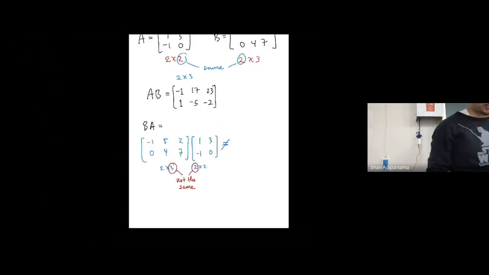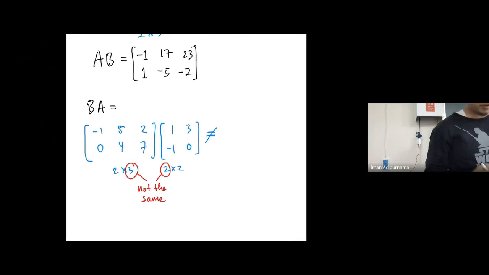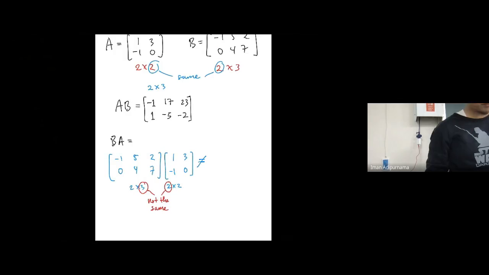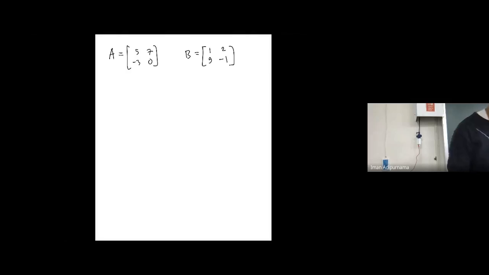Okay, let me give you another point of view for the multiplications. Let me give you another example for matrices. Let me give you just two matrices, and B also two matrices. Okay, so let's start with AB. Let me write the full terms.